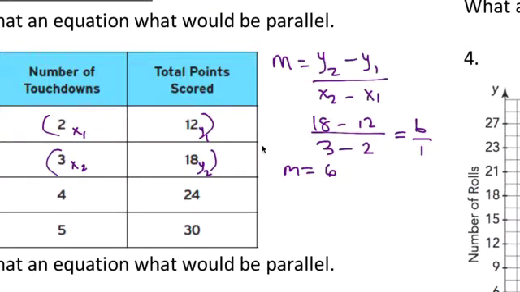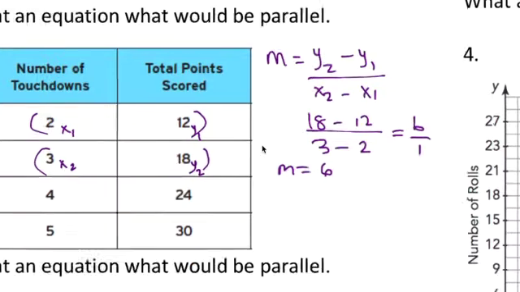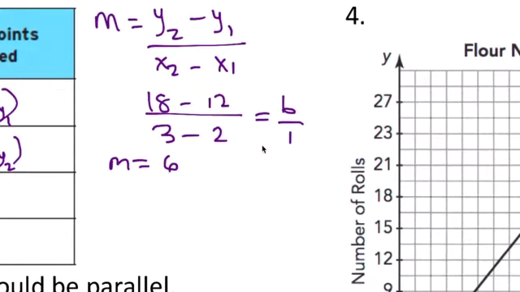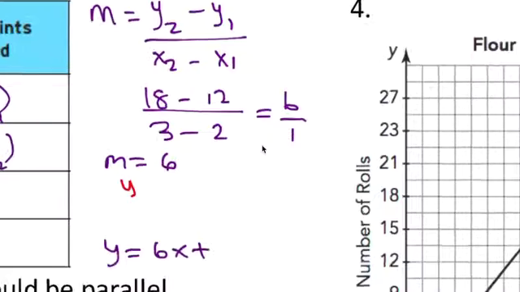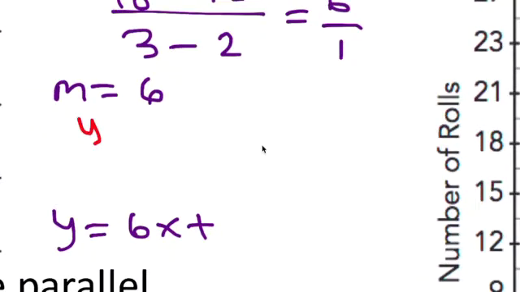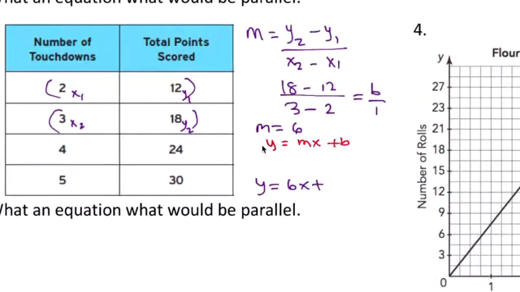The best way to find the y-intercept: your equation you have now is y equals 6x plus, and we need to find b, the y-intercept. The best way is to use the mx plus b formula, and we're going to choose this one.